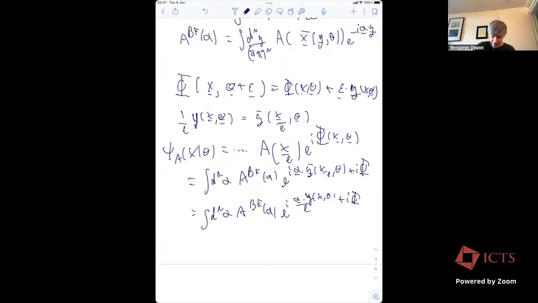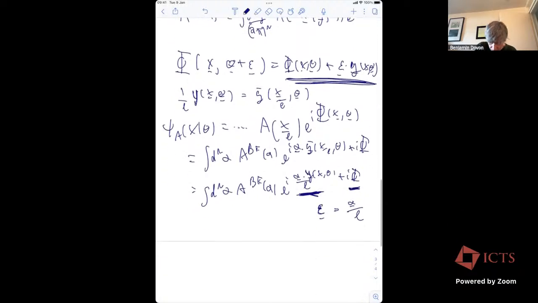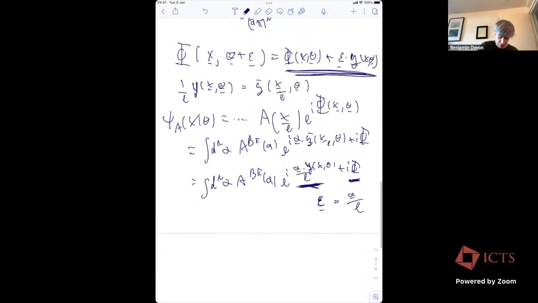So now that I have this, I recognize that this phi plus alpha over L dot y is exactly of that form, phi plus epsilon dot y, with epsilon equals alpha over L. So the L factor makes epsilon small. Okay? And so I recognize that this is nothing else but e to the I phi of the original parameter x, but at modified rapidities.